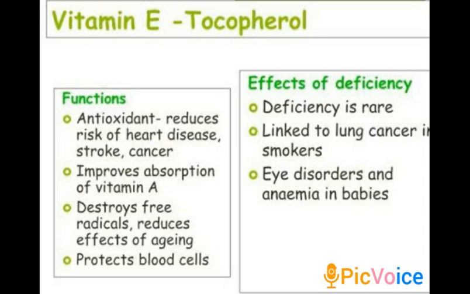It prevents cell damage from free radicals. So free radicals are atoms or groups of atoms that can damage cellular components such as DNA or parts of cells. So vitamin E prevents cell damage from free radicals. It helps in the absorption of vitamin A and reduces the effects of aging in the body.